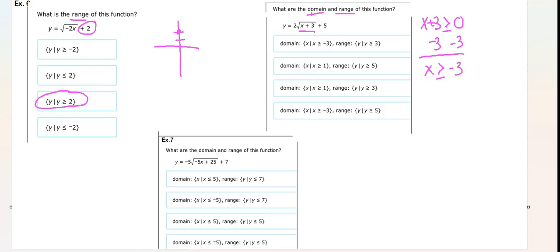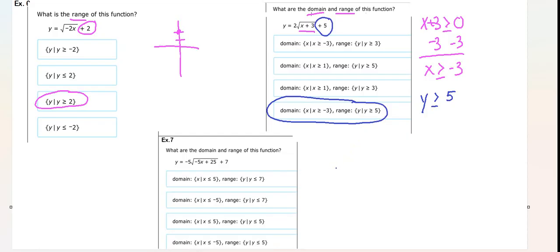And for our range, it's going to be this number right there. So y is going to be greater than or equal to 5. Which is looking like this one. Not too shabby there. Alrighty.